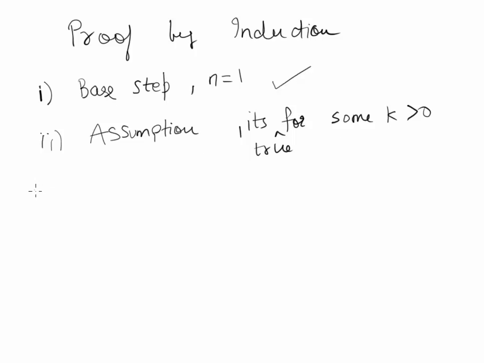So if it's true for k, we can say that A raised to the power k is equal to d1 raised to the power k, d2 raised to the power k, d3 raised to the power k, and all of the other elements are 0, right?